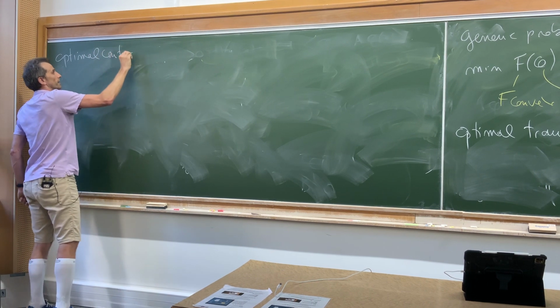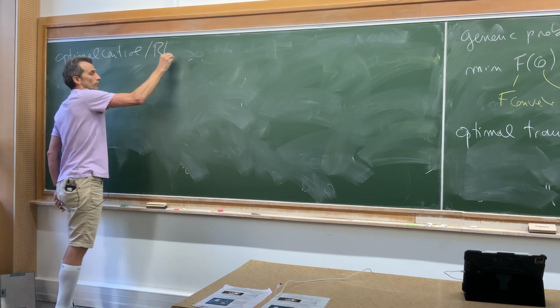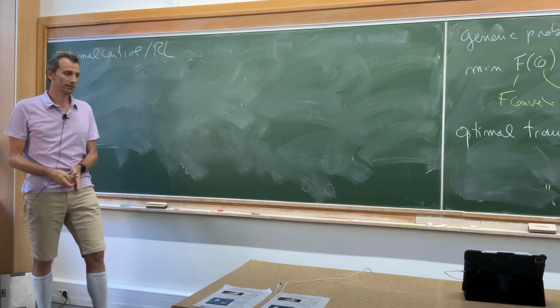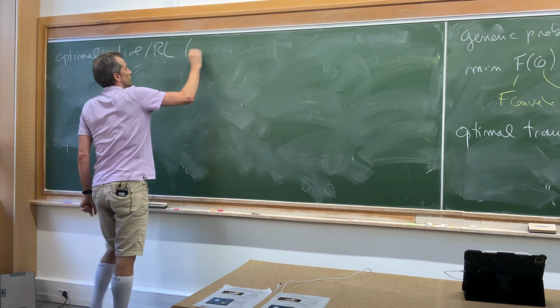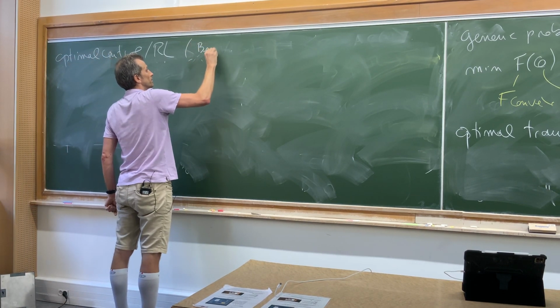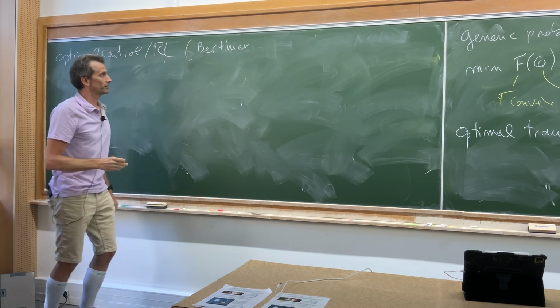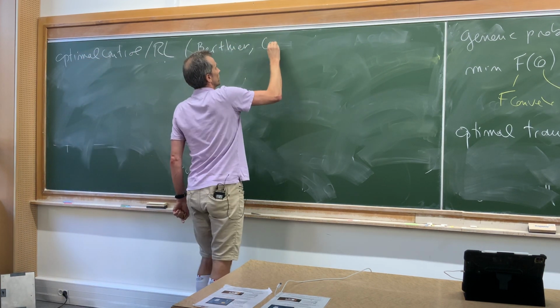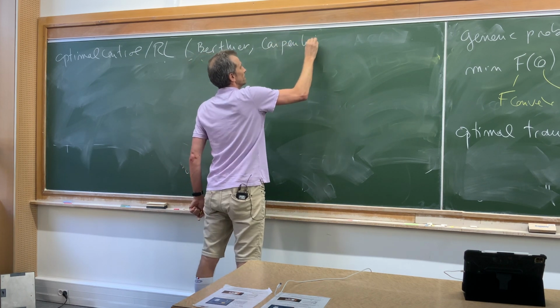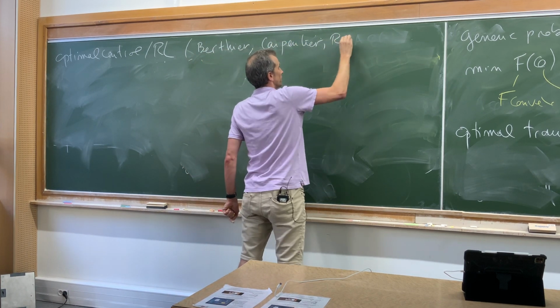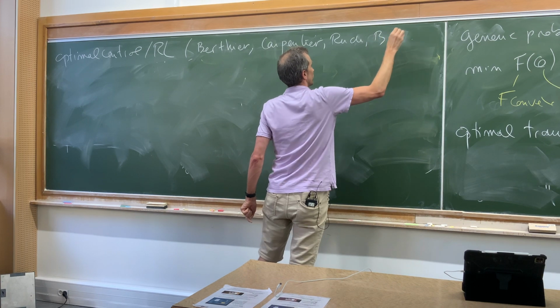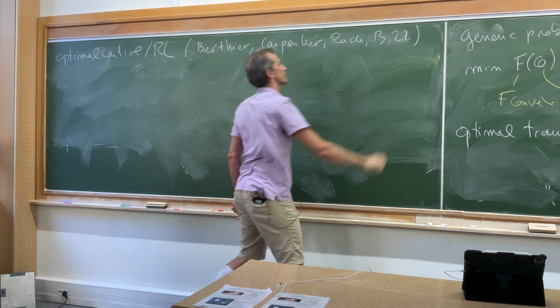Optimal control, and essentially reinforcement learning would be exactly the same thing. This was done with Héloïse Berthier, no relationship with Raphaël Berthier, Carpentier, and Rudi again, and myself, and this is this year.